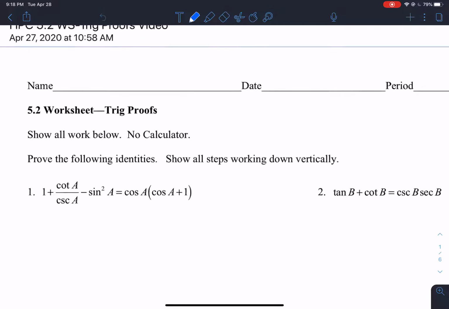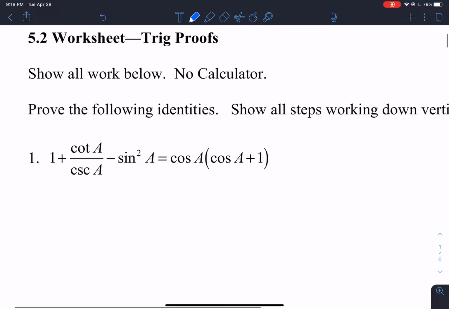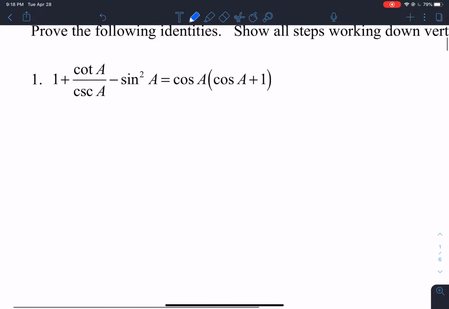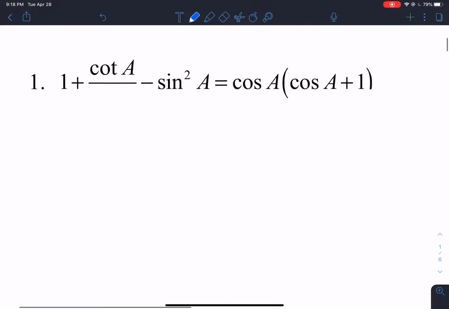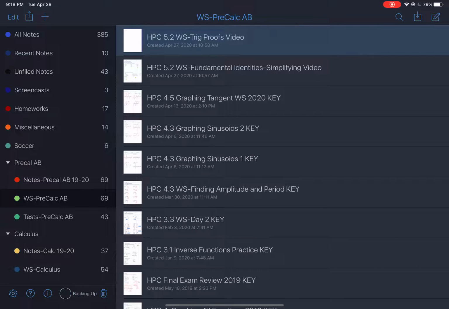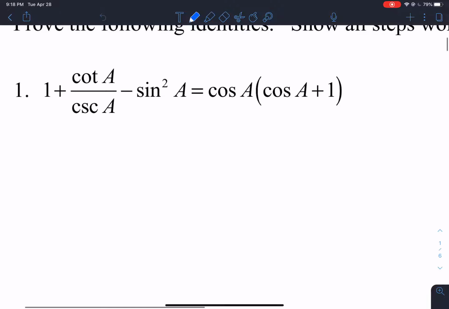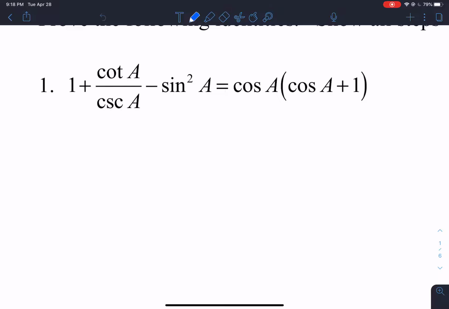Okay, so for your trig proofs, again, you're trying to show that one side equals another. So for this first one, I'm going to work on the left side.